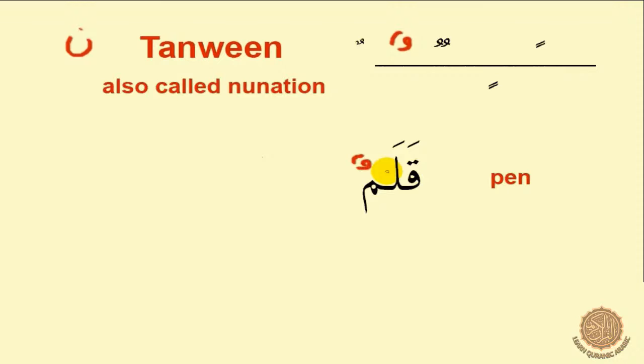It's pronounced as the following. It's the Damma at the end, followed by, let's take this off, because we're going to put a noon at the end. A noon. With a Sukoon. So, qalamun. That's how it's pronounced, and this is how it's written. So you never write a Tanween like this.